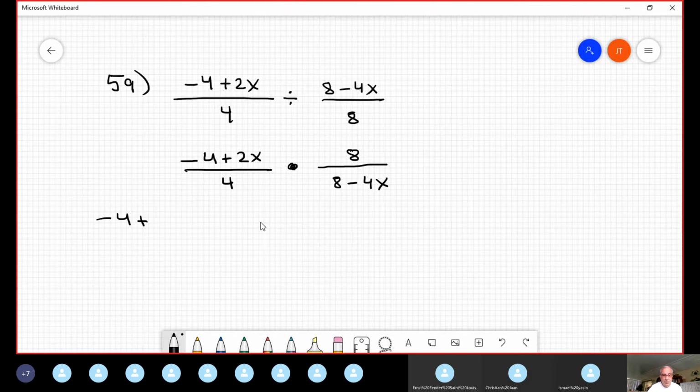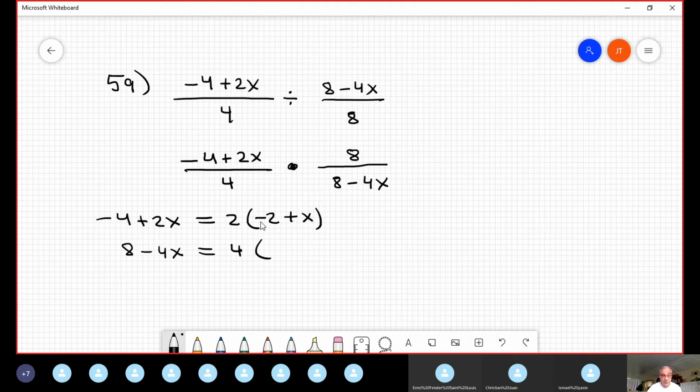Minus 4 plus 2x. I can see at least 2 is a common factor. Factoring out 2, it is minus 2 plus x. This is just a 4. This is just 8. Now here is 8 minus 4x. The common factor is 4.